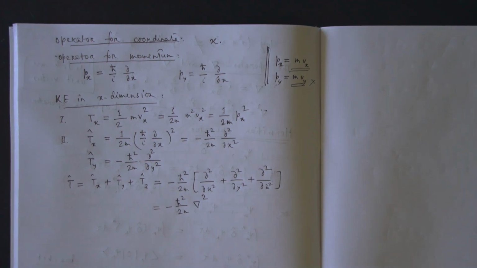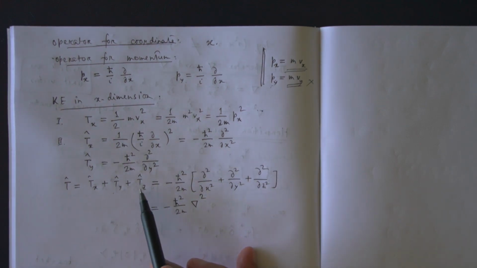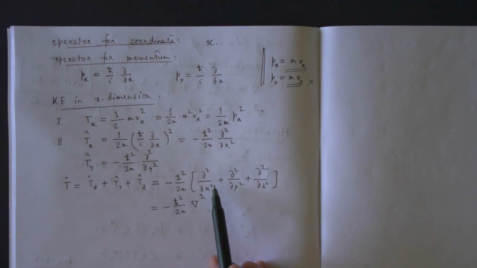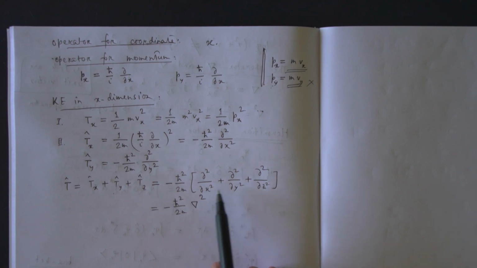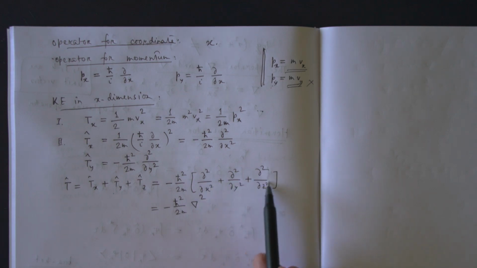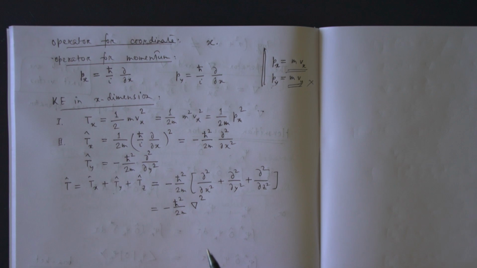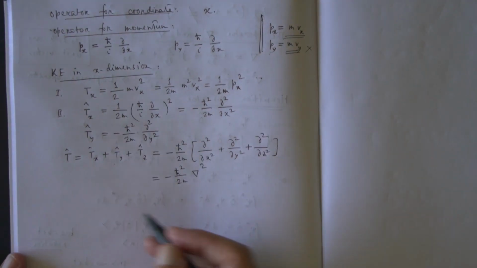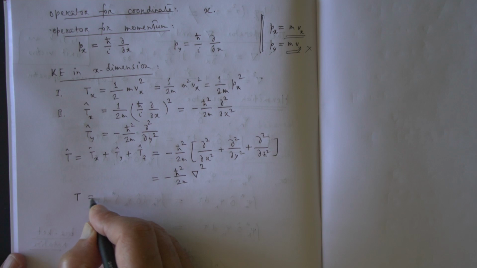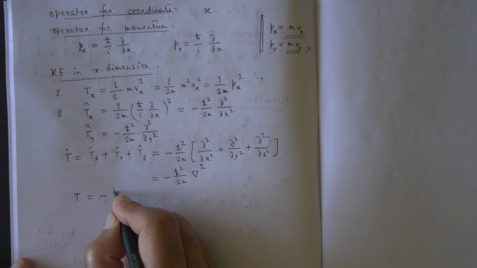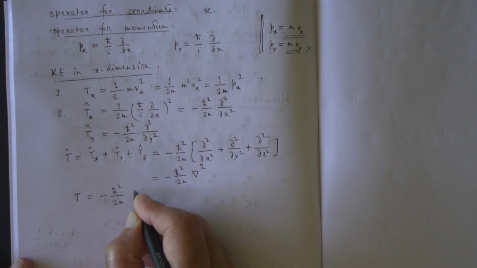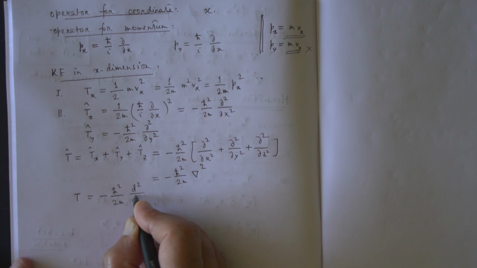Now here you remember one thing. If we consider more than one variable, here we have 3 variables x, y, z, then we write partial differentiation. But if we consider only one dimension, suppose only kinetic energy in the x dimension, and we are not bothered about other dimensions, then we can just write simple differentiation, d2 dx square.